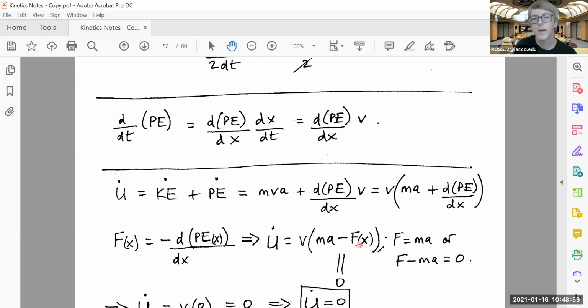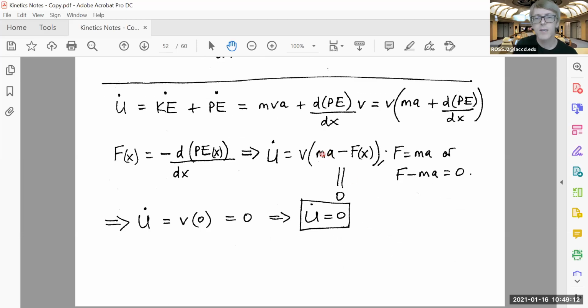We know from Newton's second law the force is mass times acceleration, so minus force is minus mass times acceleration. So we've essentially got a positive force minus a positive force, which is 0. So indeed, we can see that energy is conserved, at least in the one-dimensional case.